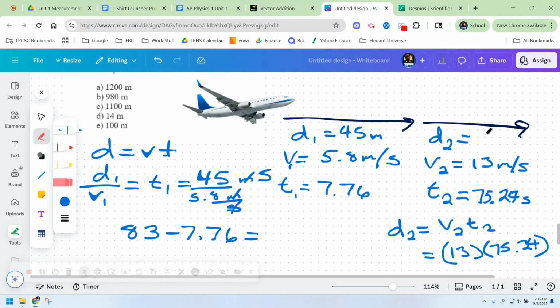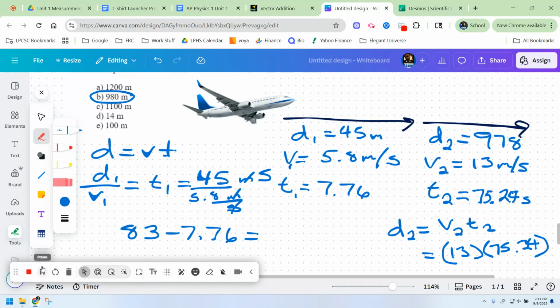And so this is about 978. But if we think about the significant digits, the answer is B, right? Or significant figures. So that's it for that one.